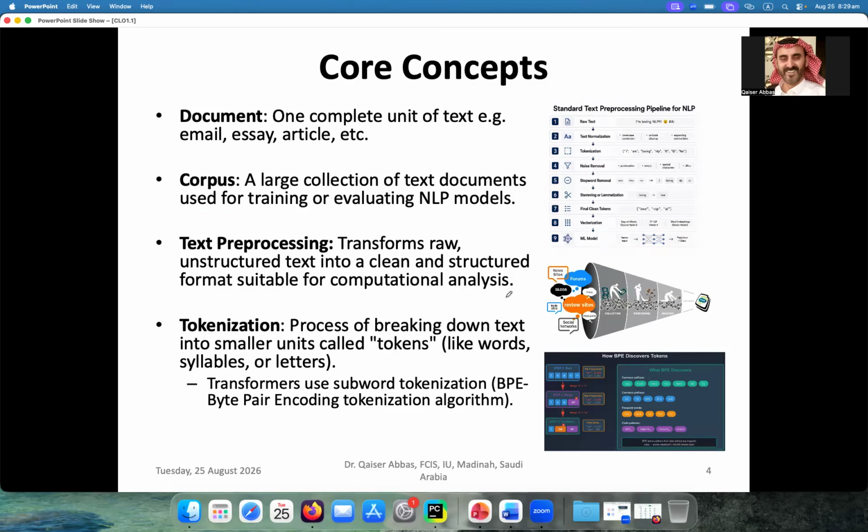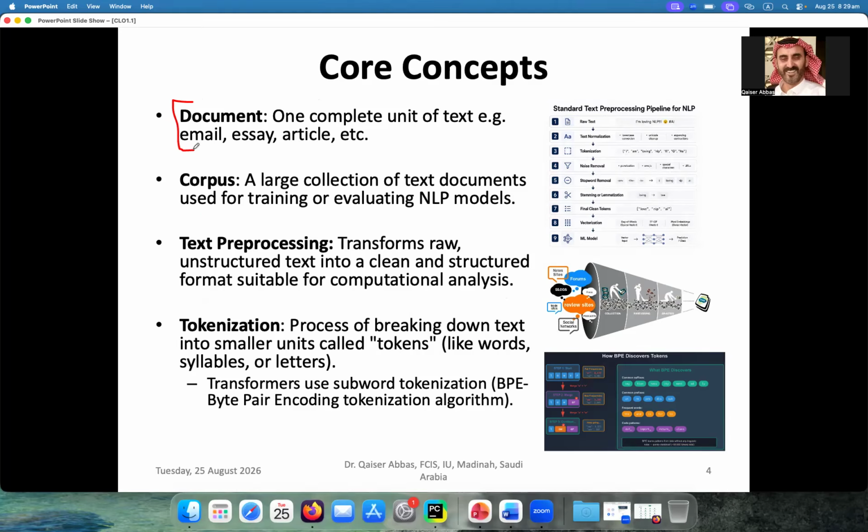Now, core concepts. You will see that we sometimes call something a document. Then what is a document? You already know. If you have a file and in that file you have text data, or speech data, audio data, but now I am focusing only on textual data.